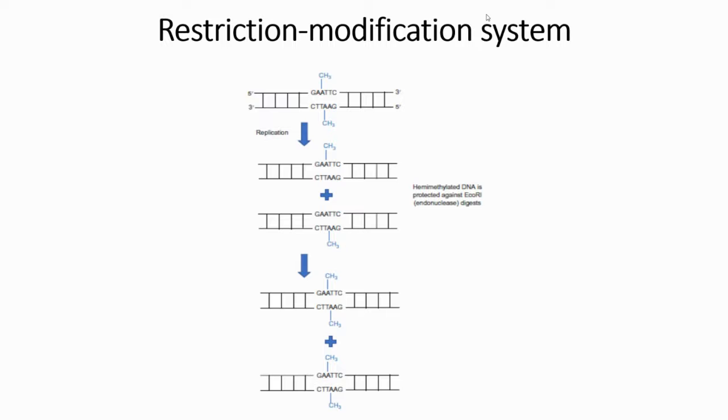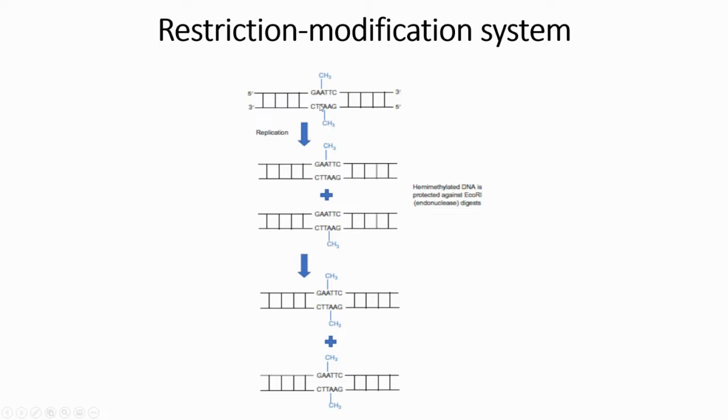Because the parental strand is still methylated, it is half methylated, we call it hemimethylation, enough to protect the DNA duplex against cleavage by the endonuclease. And then the methylase has time to find the site and methylate the DNA, to give the fully methylated DNA. This is a host defense mechanism in bacterial cells to protect their own DNA from restriction enzyme degradation.